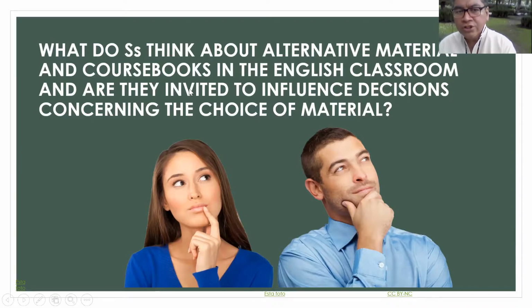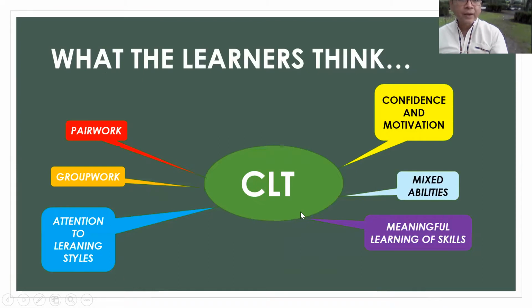We can have not only the course book or the task implied in the course book, but we can also work, for example, with a video, a video debate, etc. What do the learners think? In learner-centered language teaching, we can have, for example, pair work, group work, attention to learning styles. We can verify that they are confident and motivated. We can use mixed abilities, and finally, meaningful learning or skills.